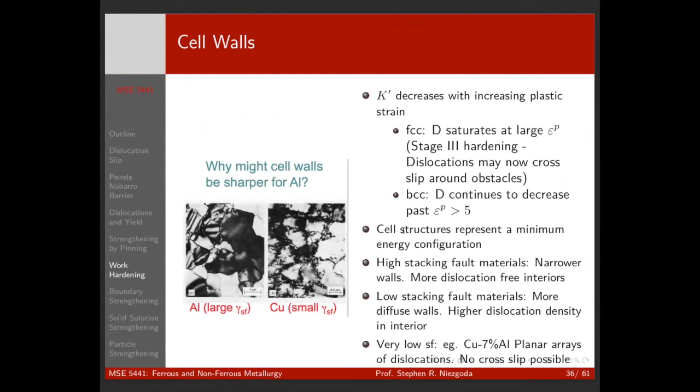What we can't tell you right now is how on earth this comes to be. When I have thousands or tens of thousands of dislocations, how they interact to form these cell structures, or why these cell structures are even energetically favorable. We don't know that.